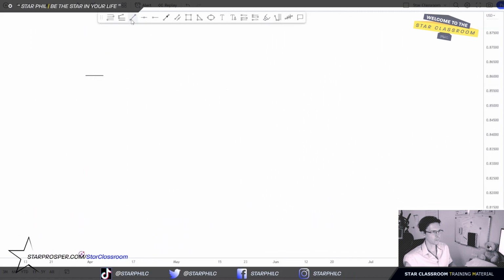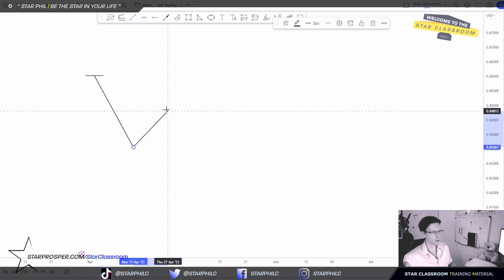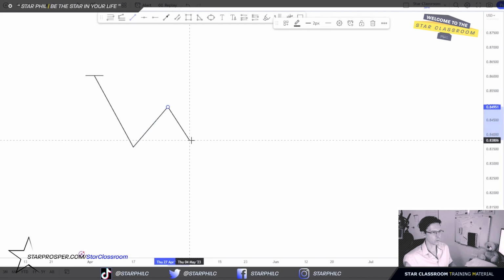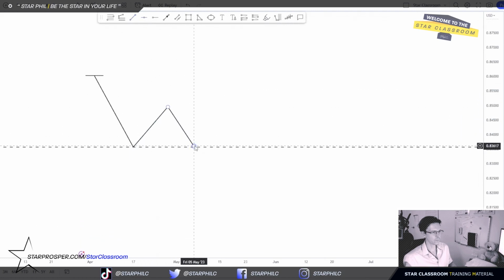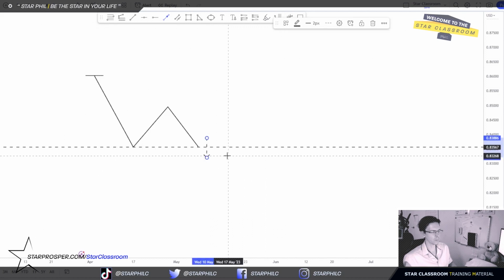Starting point right here. We have a move down. We have a pullback. Then we have a retest of this low right here. So this is our decision point. We need price action to push below this.